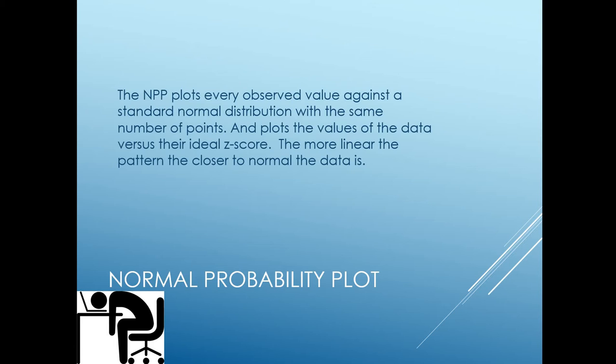It takes your data, which is in your calculator, and lines it up from smallest to biggest. Then it figures out, based on its position in that data, what its ideal z-score would be. Then finally, your calculator graphs it, and if the pattern of the scatter plot it graphs looks linear, you can say your data is approximately normal.